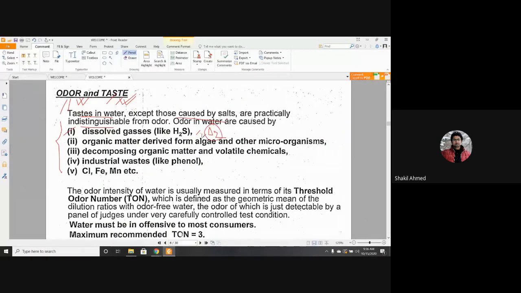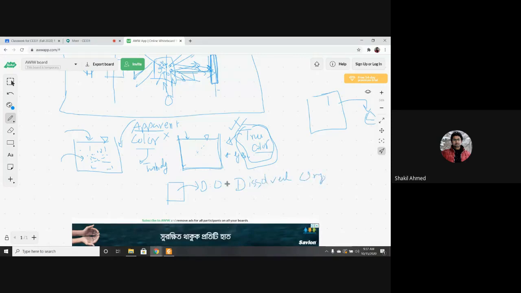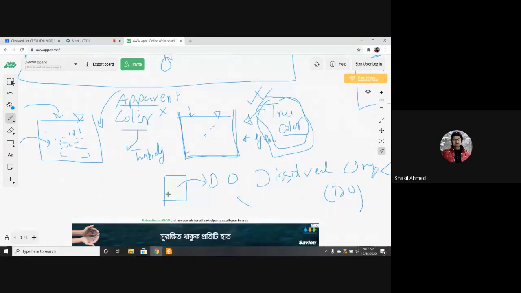Very important, oxygen. When oxygen is dissolved in water, we call it dissolved oxygen, DO. If DO is less than 4 milligrams per liter, then aquatic fish and other aquatic life, the majority of them if not all, will die.